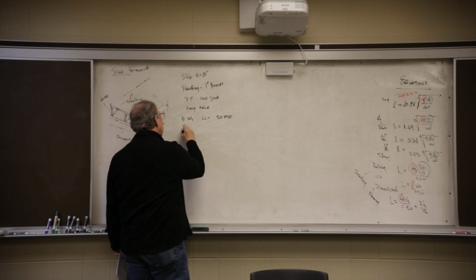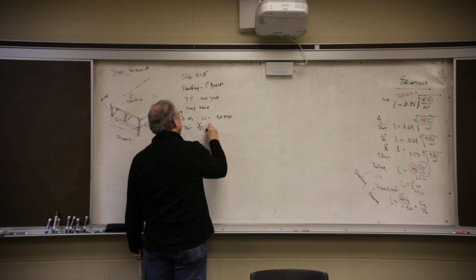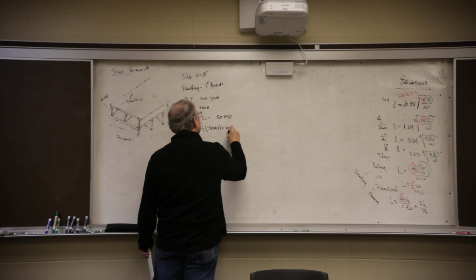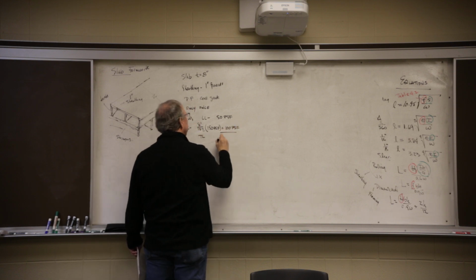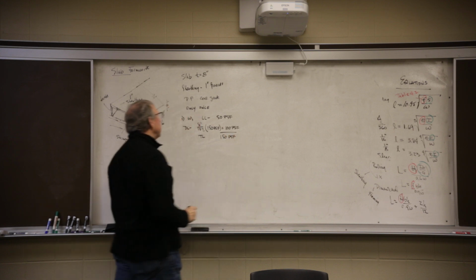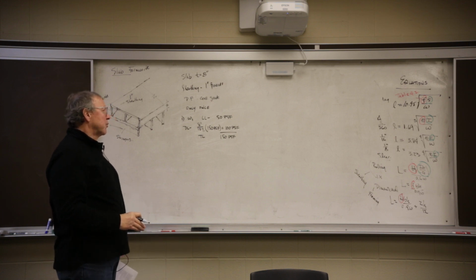Dead load is the thickness of the concrete in feet times the density. Therefore, the total load is just the sum of the 2. So my W1 is 150 pounds per square foot.